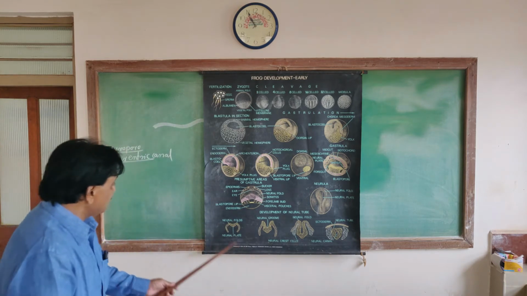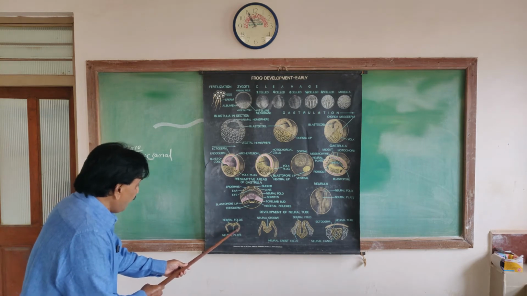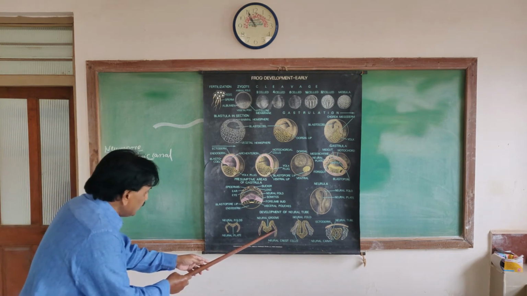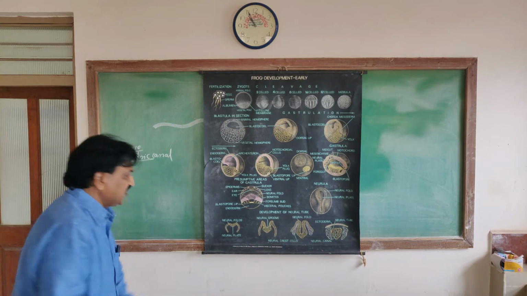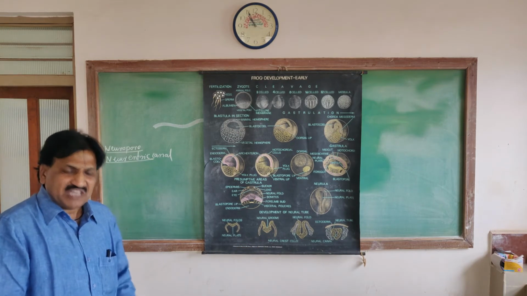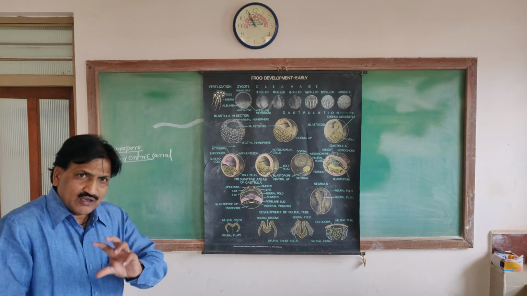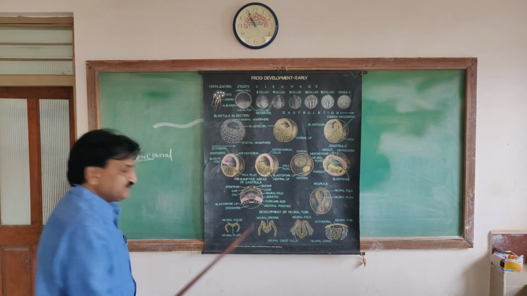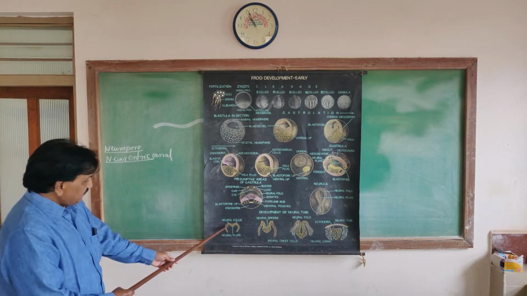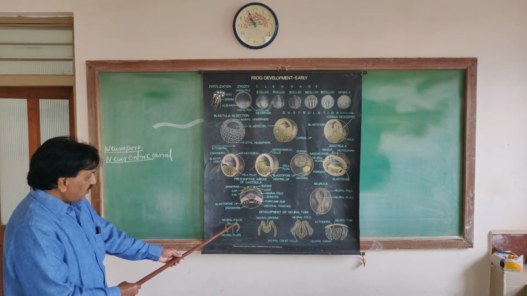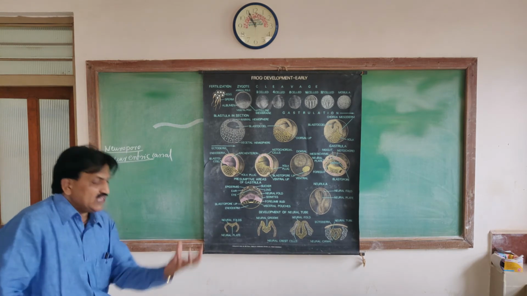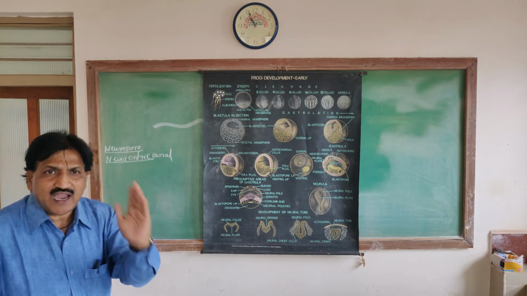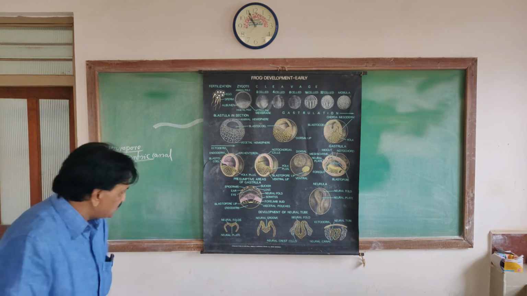Now here, this fold, the neural fold, is gradually growing towards each other. See the second diagram. The first diagram shows the margin of the neural plate elevated upward in the form of folds, called the neural folds.